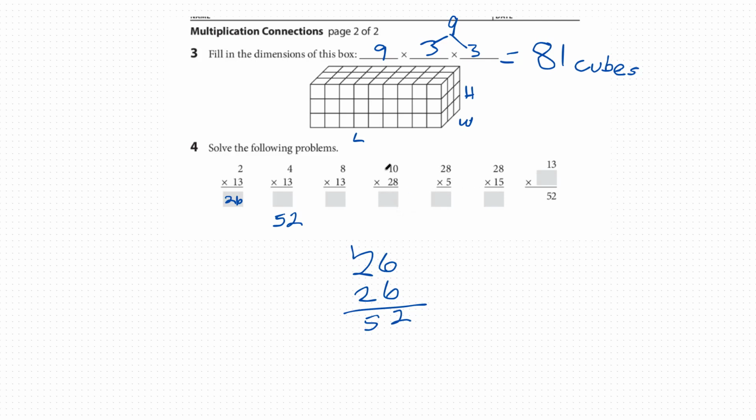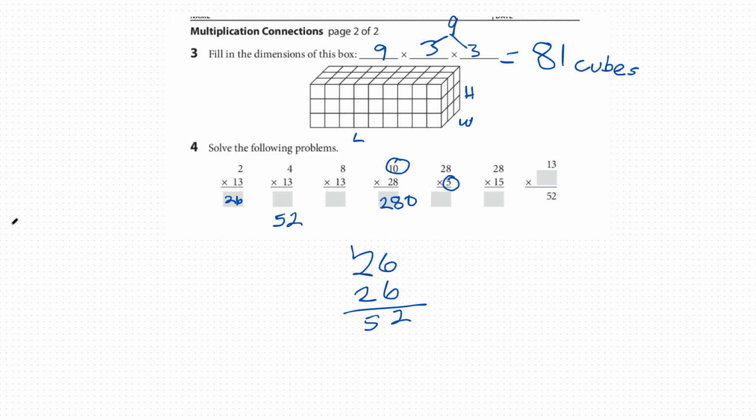We know 28 times 10 is 280. And what they're trying to get you to do here is, if you see a number multiplied times 5, I can do 28 times 10 in my head easy. 28 times 5, not so easy in my head. But I could think of 5 as half of 10.